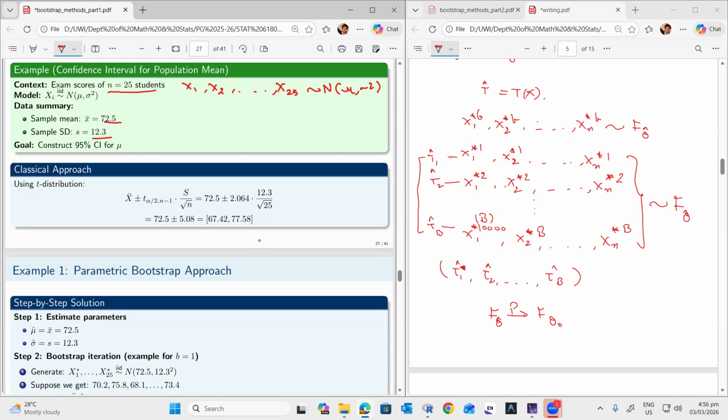So it will be 72.5 plus minus the value of the t statistic from the table for alpha by 2, that is 2.5%, and 24 degrees of freedom, that is 2.064, times the standard deviation 12.3 divided by the square root of 25. So through the classical approach, we got the confidence interval of 67.4 to 77.58. That is the confidence interval from the classical method.